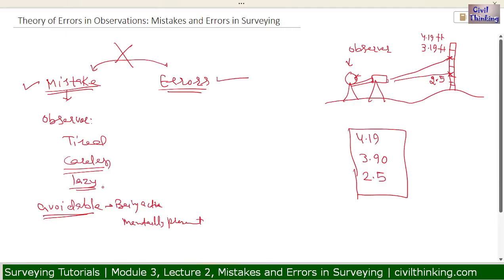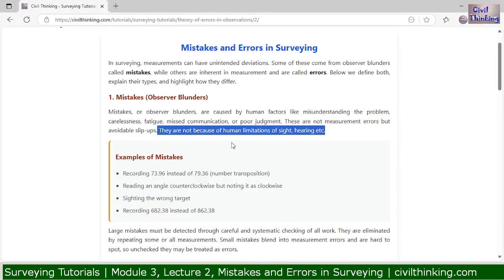So because you are lazy or tired or careless, you can do things wrong, although you have the capacity to do the right. This is the reason I have written here, they are not because of human limitations. The observer who does the blunder, the mistake, has the capacity to hear well and see well.